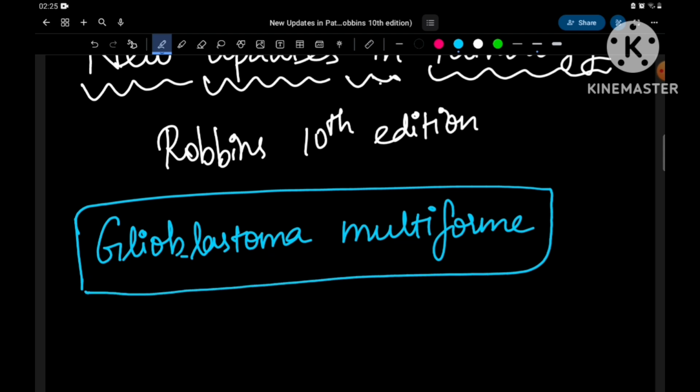When I said Robbins 10th edition, many of you might have wondered whether this is an update, because Robbins 10th edition was published in 2020 and we are living in 2025. Robbins 9th edition was published in 2016.